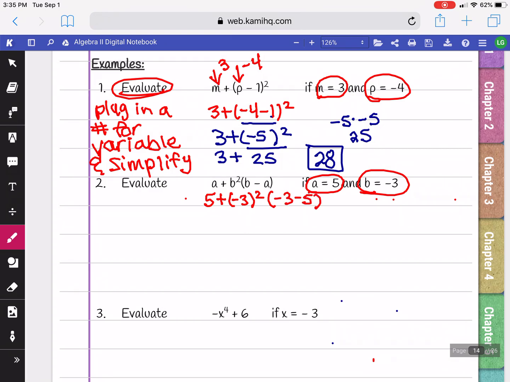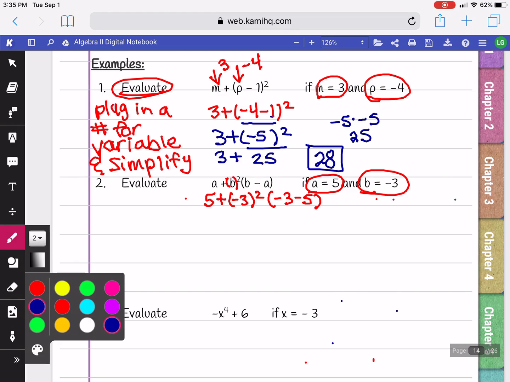Now notice I did parentheses around this B. Anytime you're plugging in a number for a letter, it's safe to plug in using parentheses. And that's just because if you don't put it, you're just squaring the 3 when you should be squaring the negative 3. From here, we're going to use our PEMDAS to simplify.